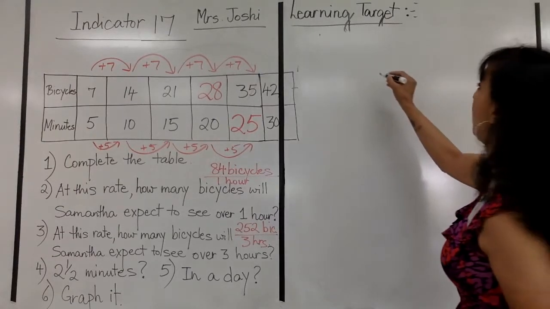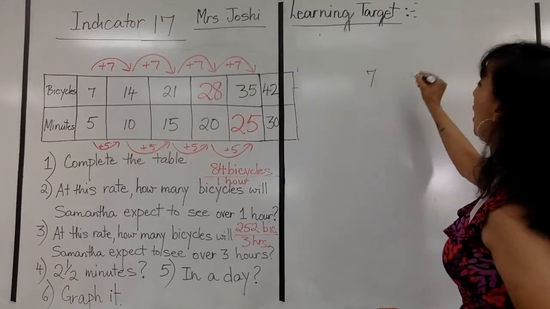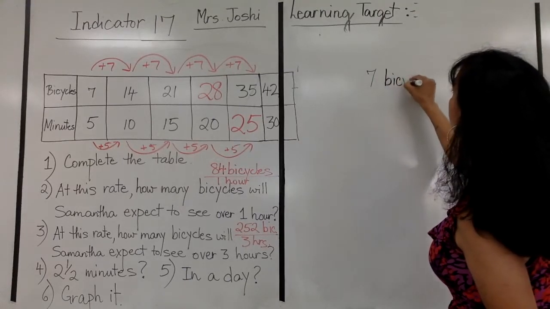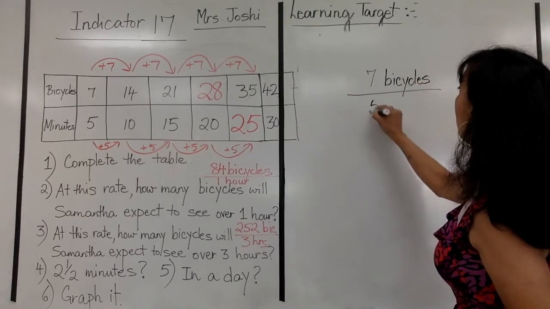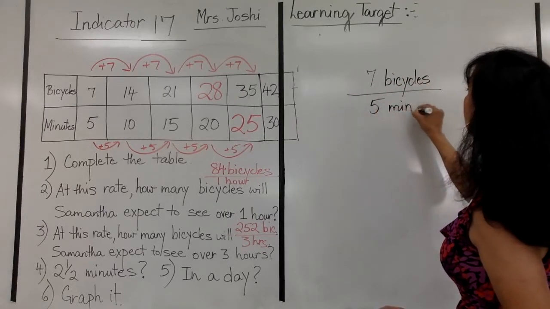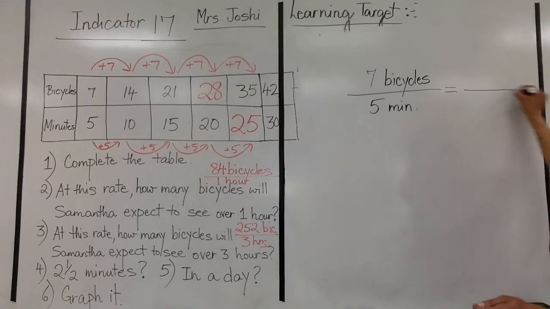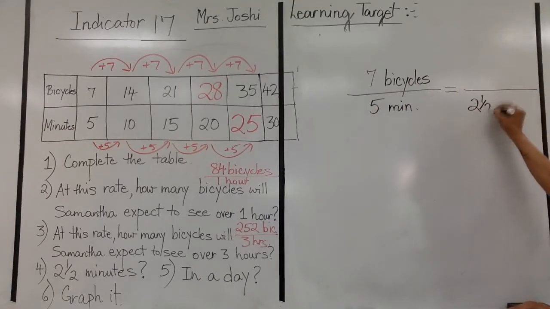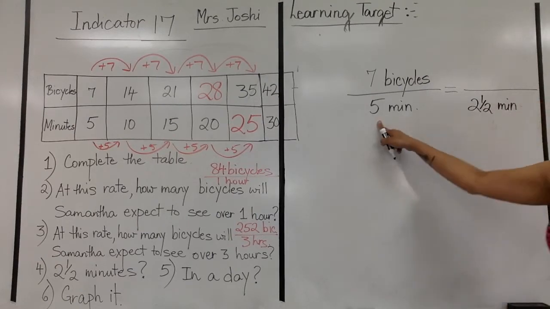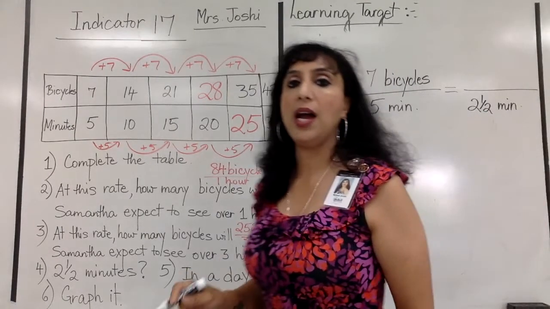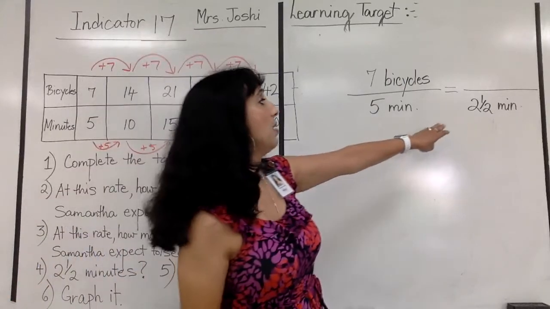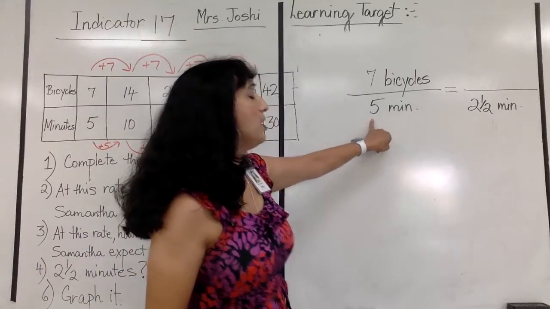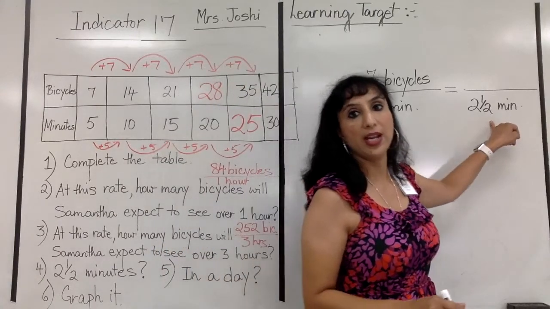Okay, so let me go ahead and show you that ratio. If I'm saying 7 bicycles in 5 minutes, how many will I get in 2.5 minutes? Okay, now we know that anything half, that's what's going on, because if I do 5 divided by 2, I get 2.5.